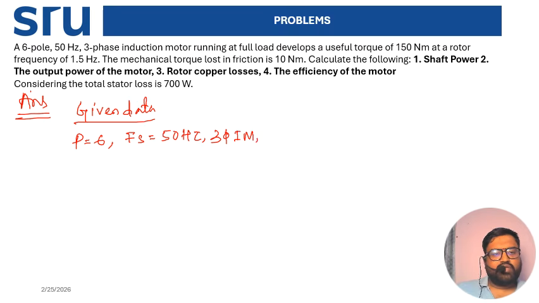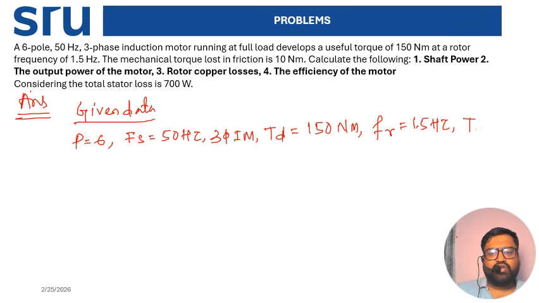Then the torque developed is given as 150 Newton meter. Then the rotor frequency is given as 1.5 Hertz. Then the mechanical torque loss, that is the friction loss, is given as 10 Newton meter.